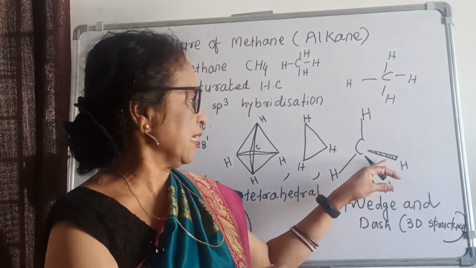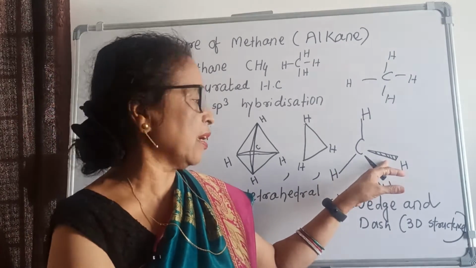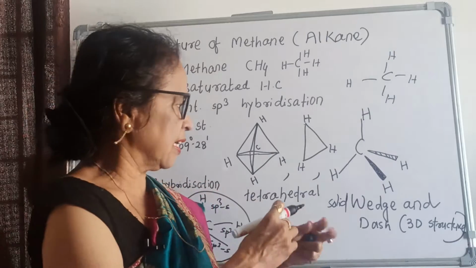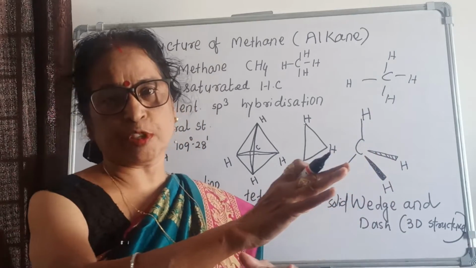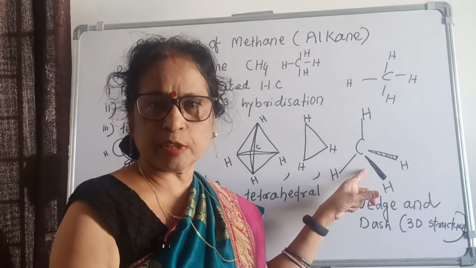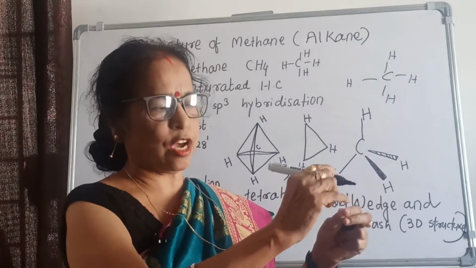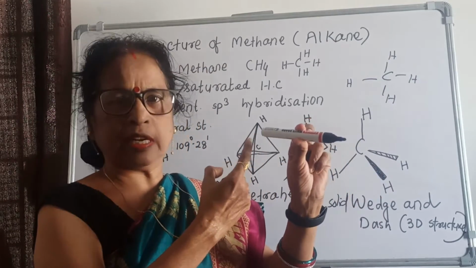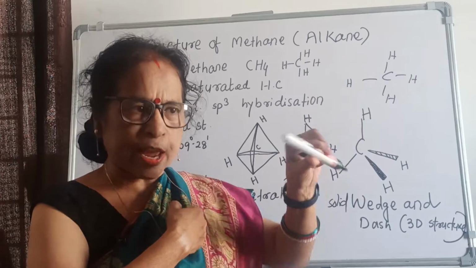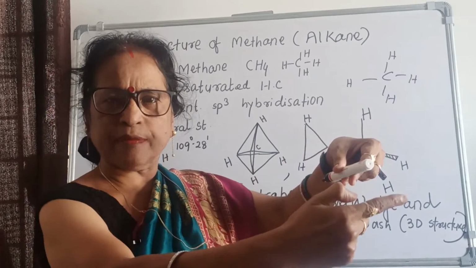Here this side, this dash one, indicates that it is away from the observer. This is towards the observer, this is away from the observer. If the bond is like this, then towards the observer. If the bond is like this, then away from the observer.